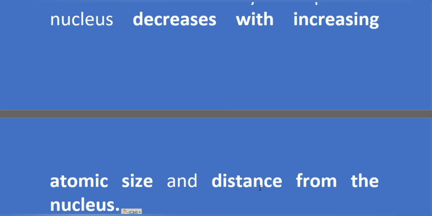The distance between the nucleus and the outermost energy level is large when you compare lithium and sodium. So the ionization energy of sodium will be lower than that of lithium, and potassium will be lower than that of sodium.